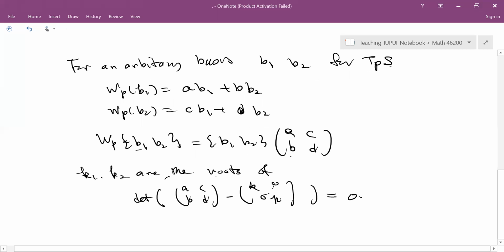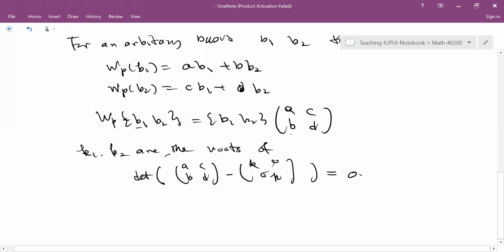This is called the characteristic polynomial of the matrix, and it is independent of the choice of a particular basis. This is going to be K1 minus K times K2 minus K.